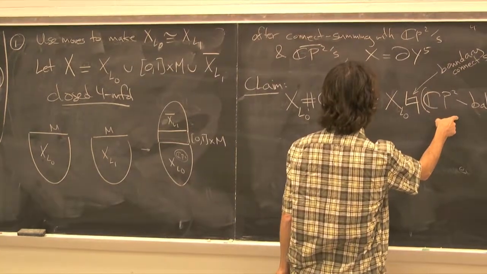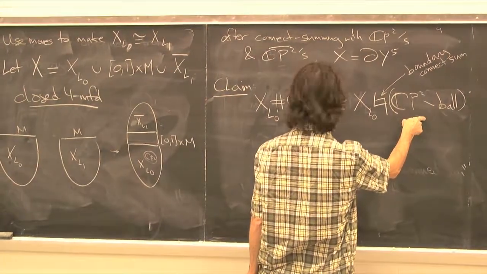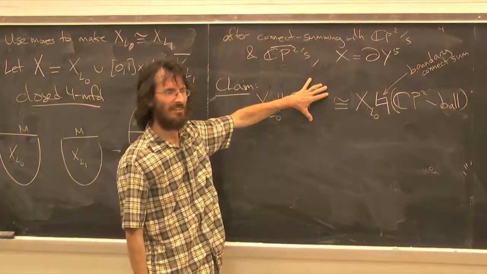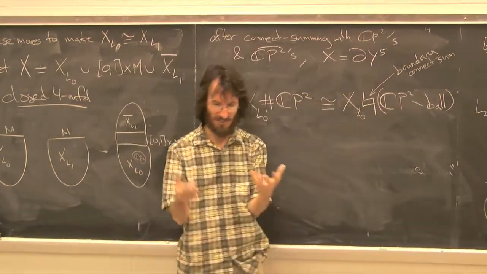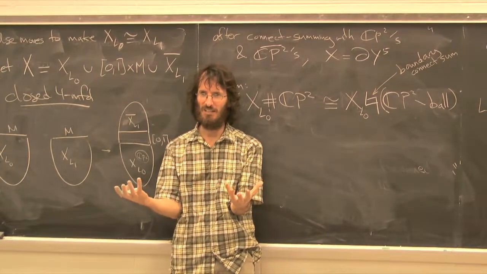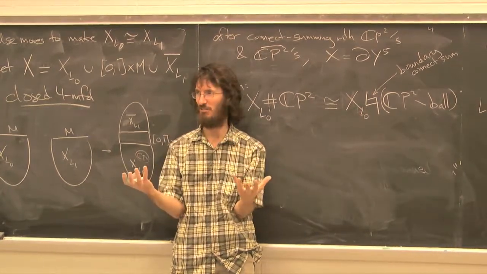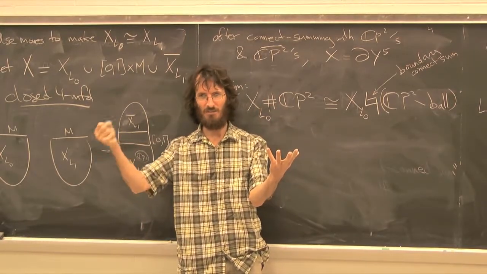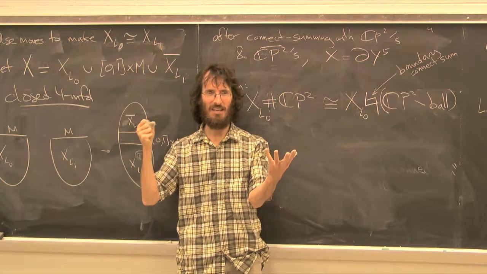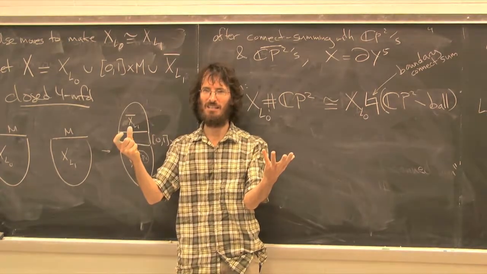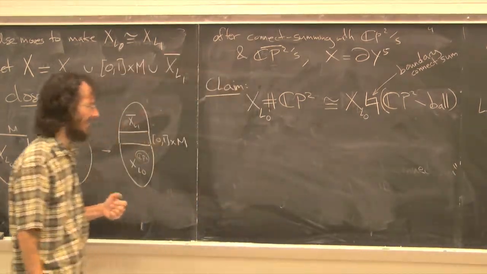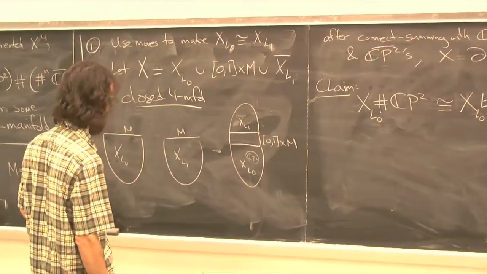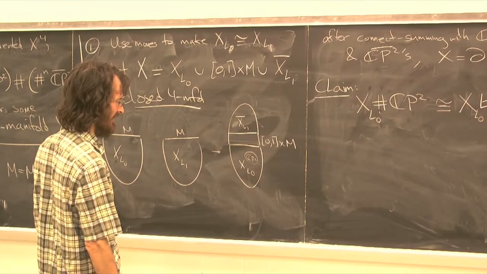If you take two manifolds with boundary, connect summing versus boundary connect summing is in general different. But if I take a manifold with boundary and a closed manifold, and I remove a ball from the closed one, then I glue them together, that's the same thing as a boundary connect sum, and maybe that's best illustrated with an example.